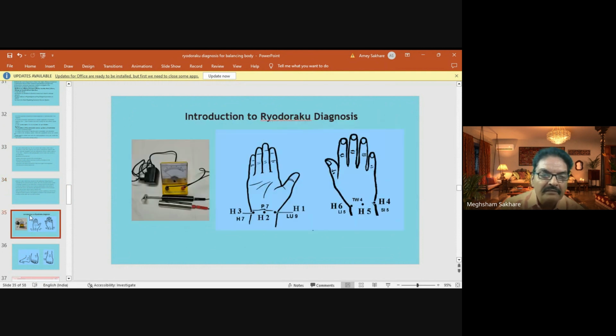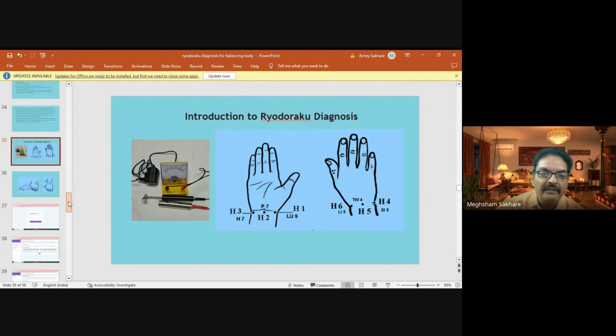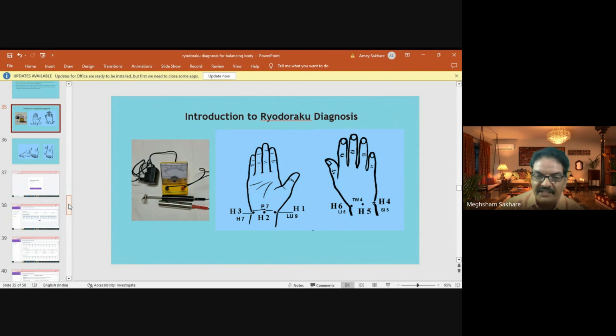Now here is how to check the Rodoraku points. In Rodoraku, there are 6 points on the wrist and 6 points on the ankle. On the hand they are named H1, H2, H3, H4, H5, H6.